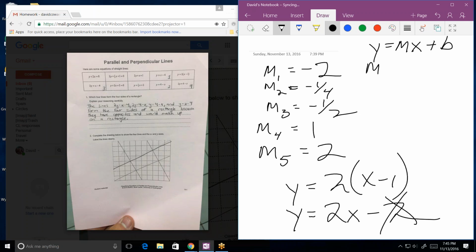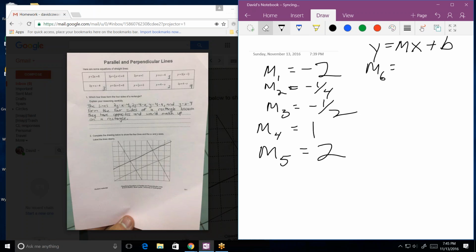Now, m6. It's the coefficient of that. Once I solve for y, what's the coefficient of the x term? There's the equation. How do you solve for y?